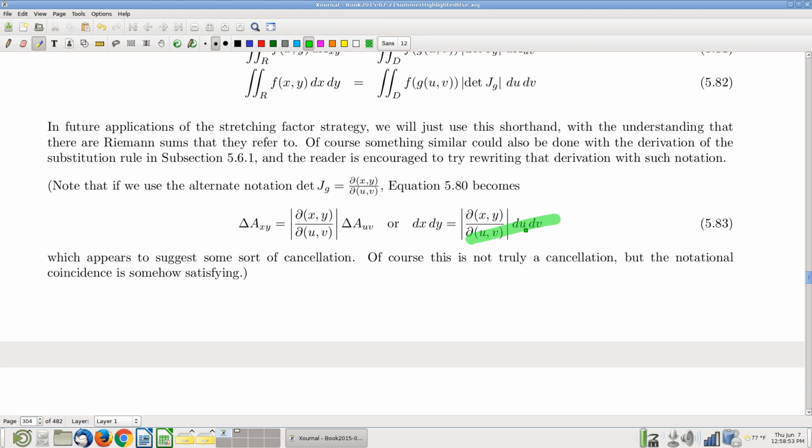This thing, despite our writing it as a fraction, is not a fraction. It's a determinant. But it's a factor. Factors behave like fractions. So it's reasonable-ish to write it as a fraction because it behaves like a fraction, and it sure is convenient in the notation to see it, at least notationally, actually kind of acting like a fraction.